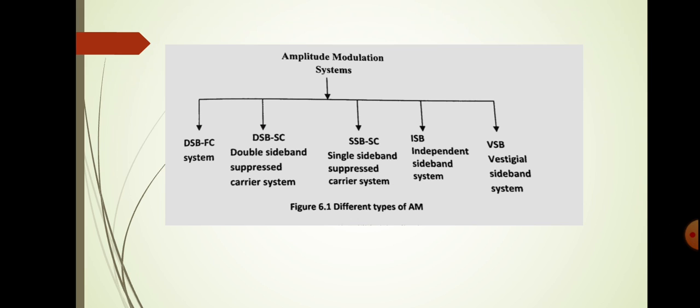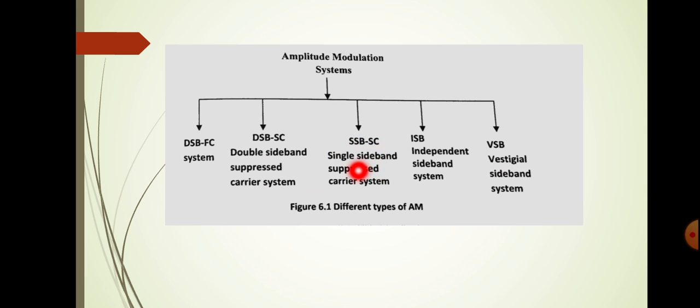In the case of amplitude modulation systems, we can classify the system like this. The different types of AM systems are, first, DSBFC, that is the double sideband full carrier system. DSBSC, that is the double sideband suppressed carrier system.